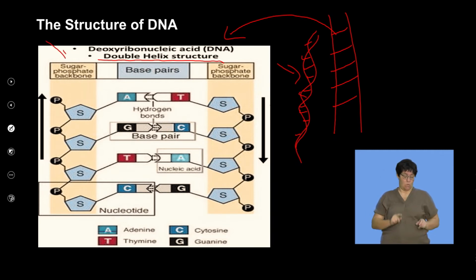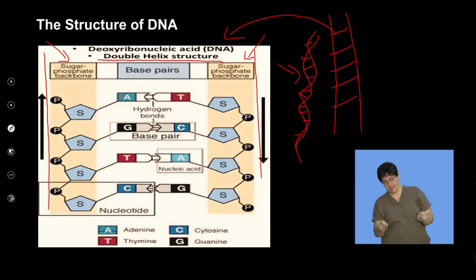On the one end, you see a sugar phosphate backbone. On the other end, you find a sugar phosphate backbone. So this is the one strand that we refer to, and this is the other strand we refer to. Both of these strands are held together by what we refer to as hydrogen bonds in between.